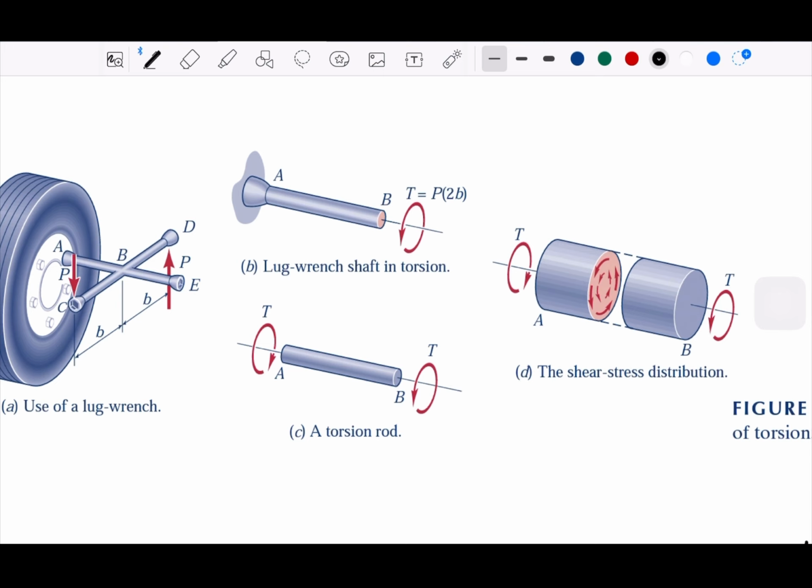for example, if we take this, a rod, you see that this line is getting twisted, right? Now, that is basically what we are going to observe.